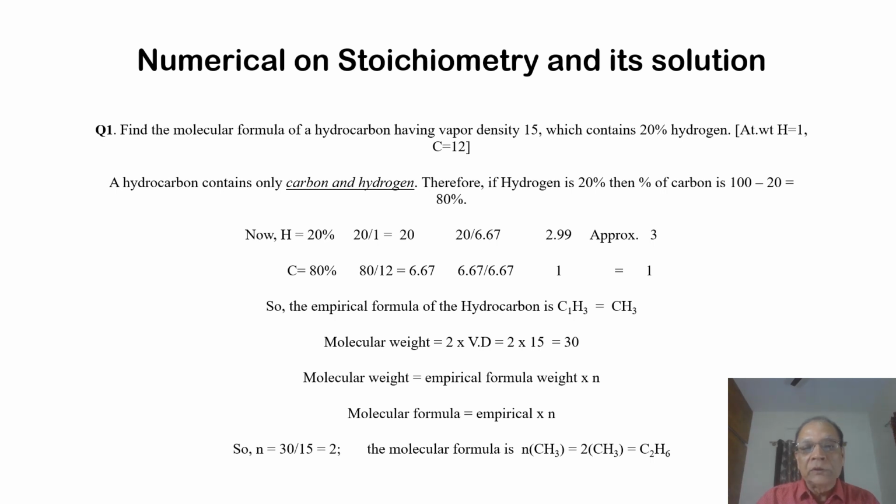Now, hydrogen is 20%, carbon is 80%. So percentage divided by atomic weight equals 20, and percentage of carbon divided by its atomic weight 12 is 6.67. Using the least of these two, which is 6.67, I divide 20 by 6.67, which is 2.99, approximately 3, and 6.67 divided by 6.67 equals 1.